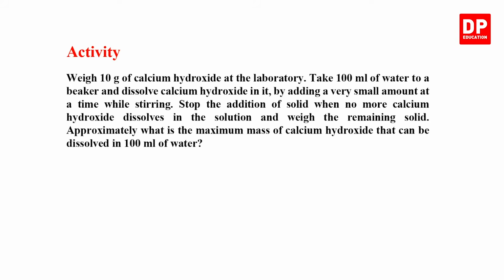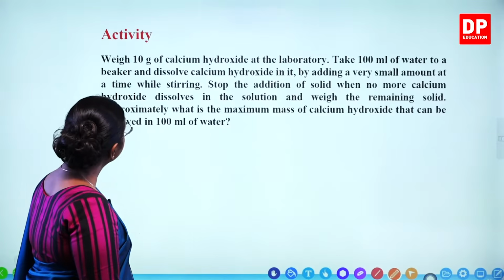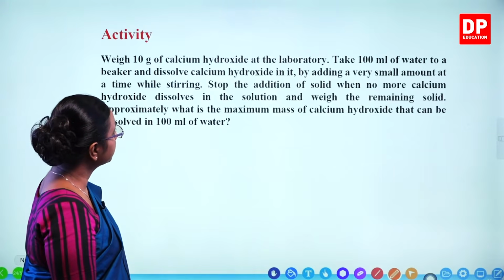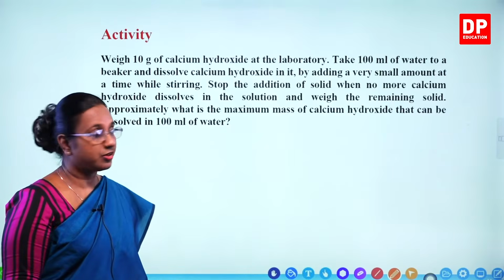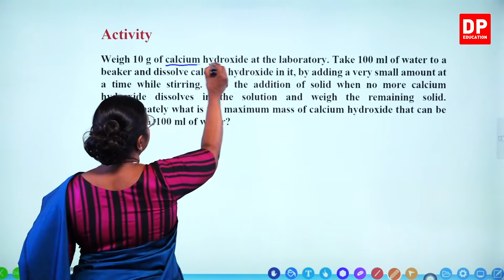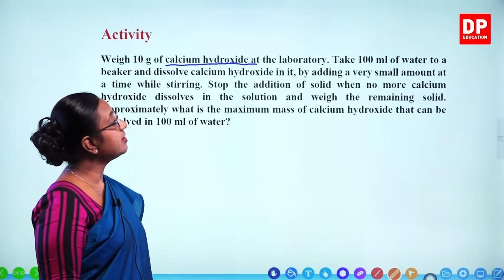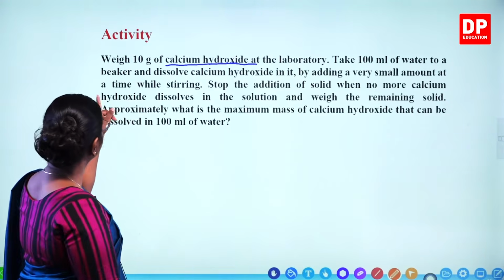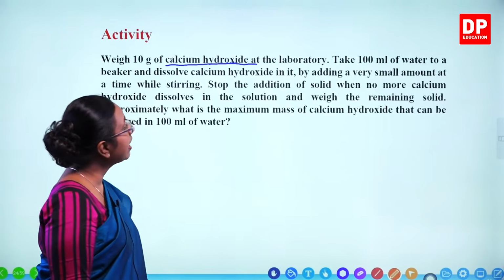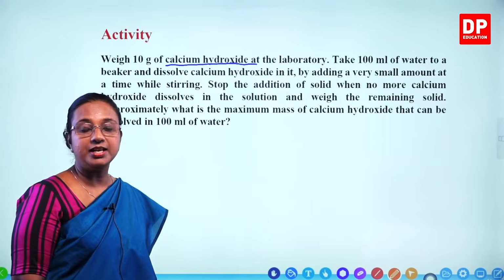The second activity: weigh 10 grams of calcium hydroxide at the laboratory. So, calcium hydroxide is Ca(OH)2. Take 100 milliliters of water to a beaker and dissolve calcium hydroxide in it.